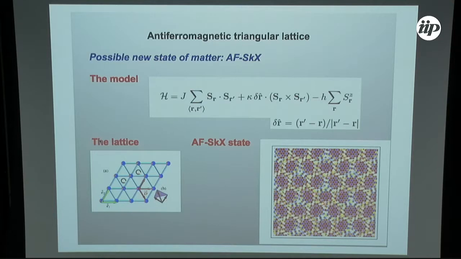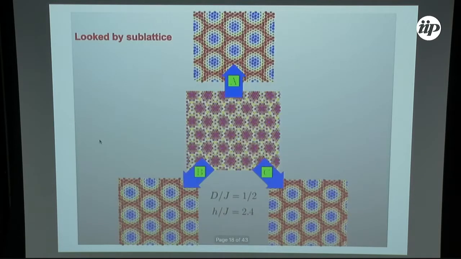So what are these lumps here? This is a triangular lattice, so you can see what happens per sublattice. You have a 3-sublattice structure, and if you look at each sublattice, what you get is a Skyrmion lattice.